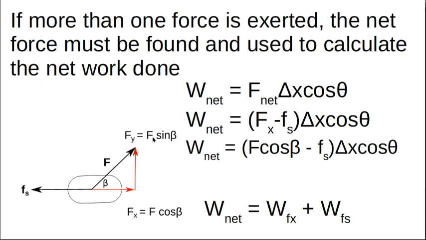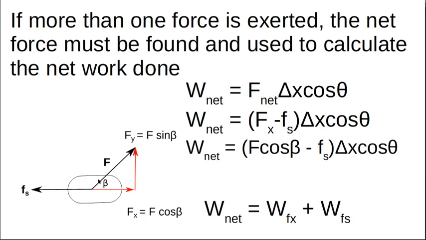So now, this is a more normal situation. There's more than one force on the object. So here you're just going to work out the components of the forces, put them in a straight line and add or subtract them and find the net force, okay? And the net force is the only thing that's doing work. So if you have a look here, here's this force this way, okay?